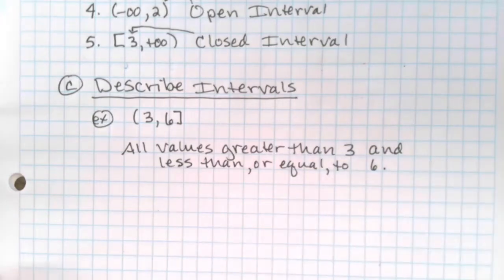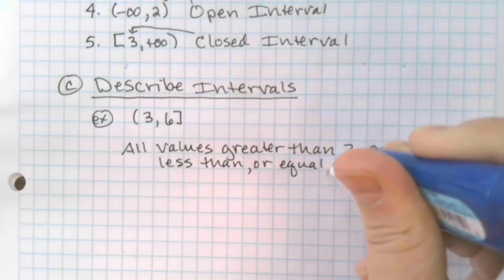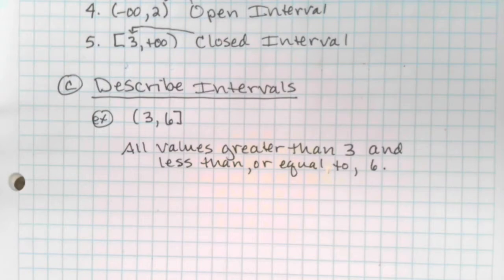And you can put "or equal to" in parentheses with a comma because it is a prepositional phrase. All values greater than 3 and less than or equal to 6. So that's pretty straightforward.